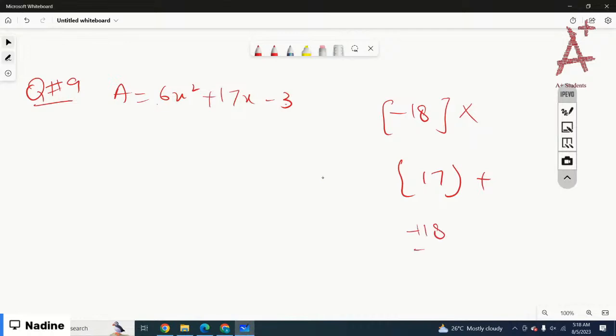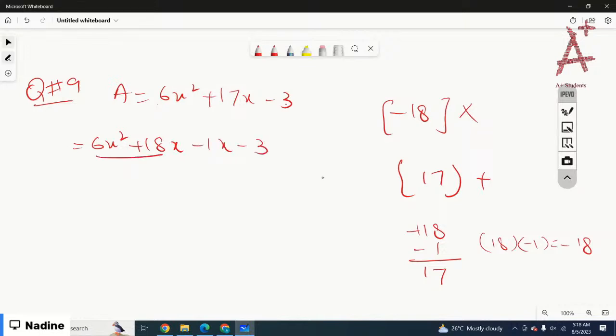Plus 18x minus 1x, they make 17, and when you multiply 18 times minus 1 is minus 18, right? So it would be 6x square plus 18x minus 1x minus 3. So from here you have 6x common, you are left with x plus 3. From here you have minus 1 common, you are left with x plus 3. So the factors are 6x minus 1 and x plus 3, right?